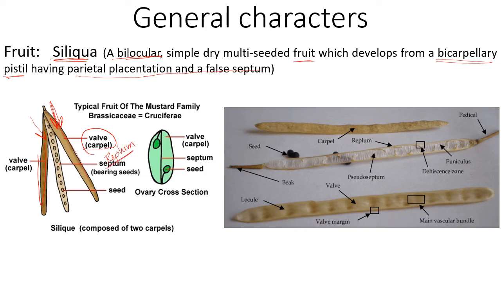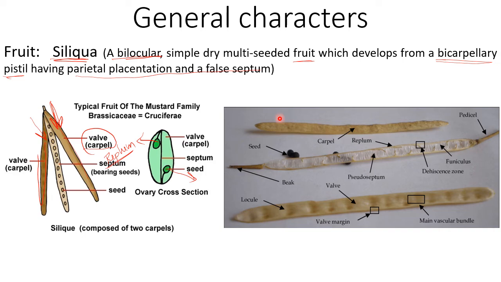If you see both the sides, this is one side where seeds are attached, and another side is the back side of this. The seeds are also attached to the back side. Here you can see one side, and here you can see another side.